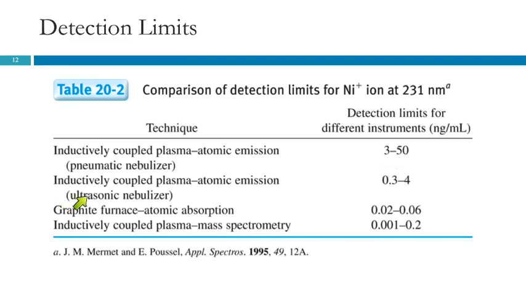You change to an ultrasonic nebulizer, and you drop the detection limit a factor of 10. Graphite furnace can go even lower because of that possibility of pre-concentrating your sample. And then the mass spec version is, of course, the most sensitive, also the most expensive. Isn't that how it goes?